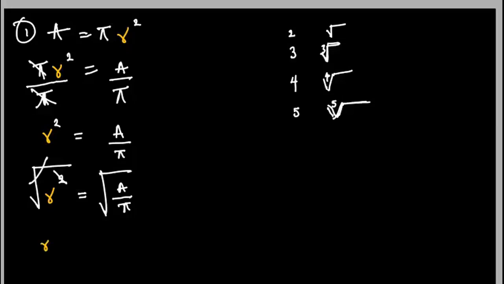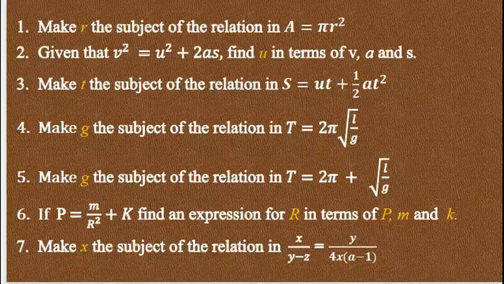R is now equal to the square root of A over pi. And this is our answer.